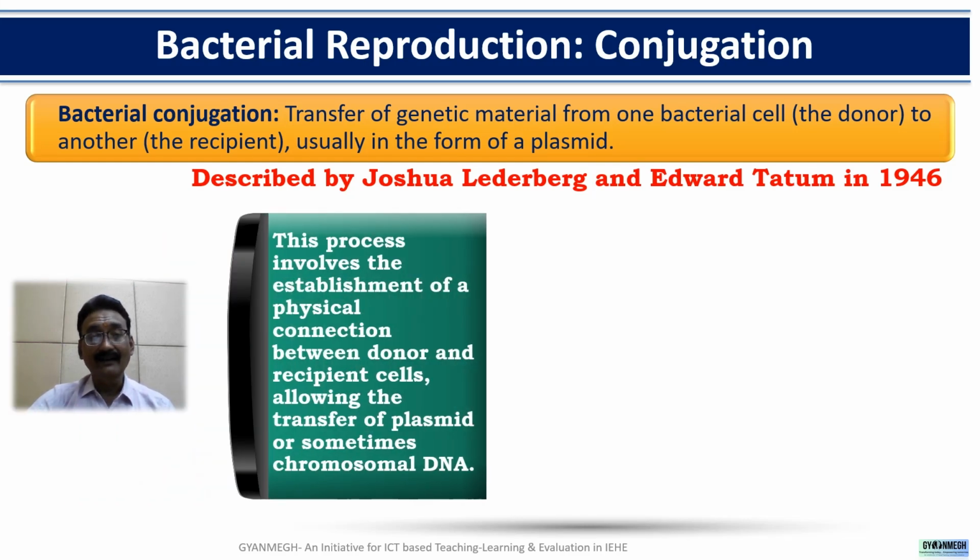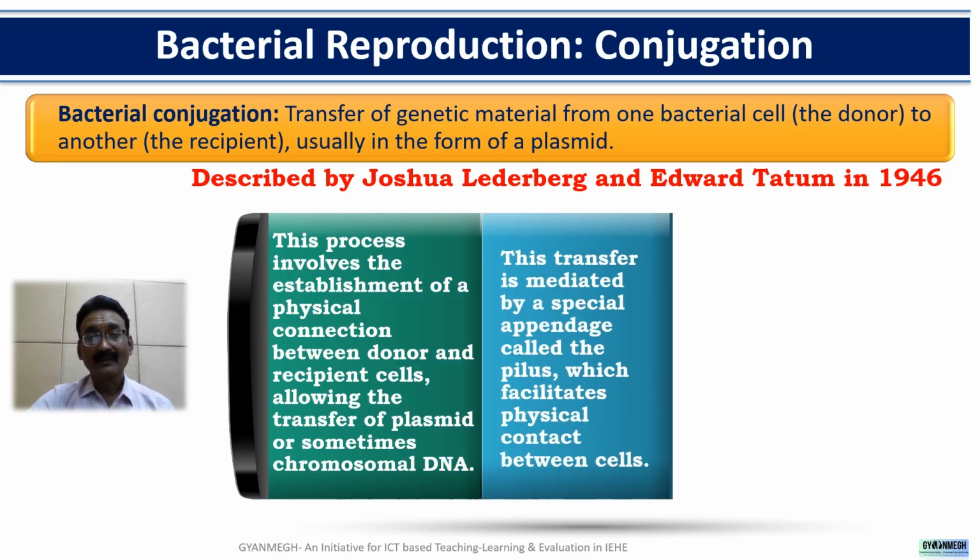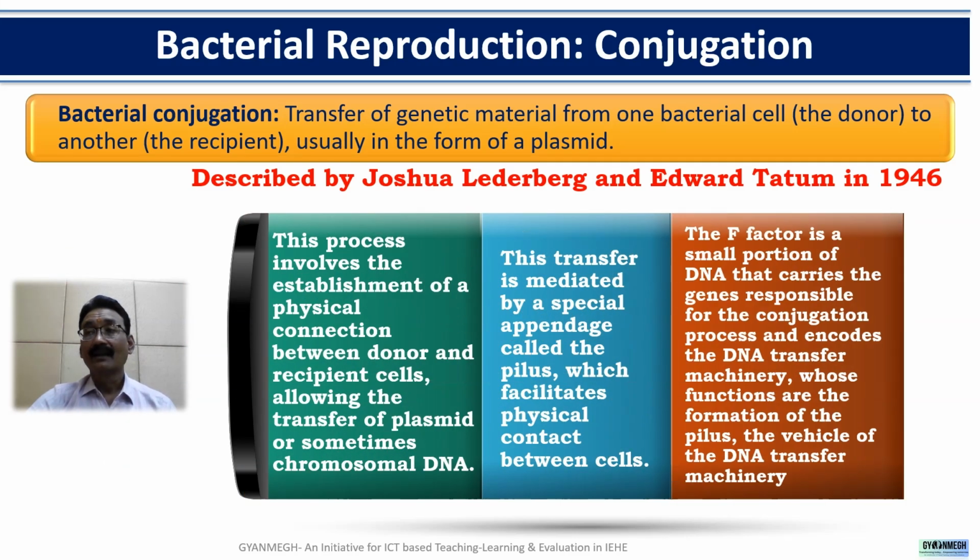This process involves the establishment of a physical connection between donor and recipient cells, allowing the transfer of plasmid or sometimes chromosomal DNA. This transfer is mediated by a special appendage called the pilus, which facilitates physical contact between the cells.